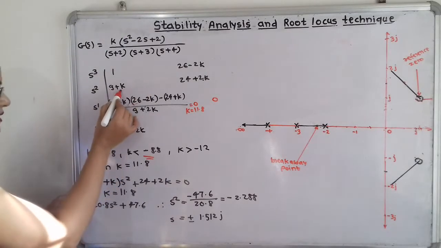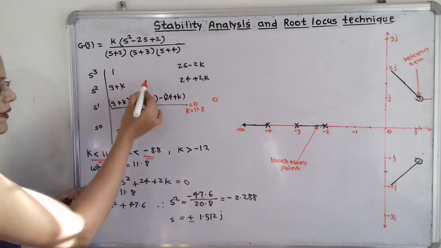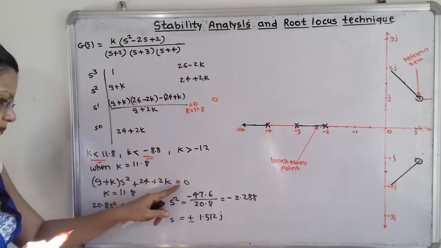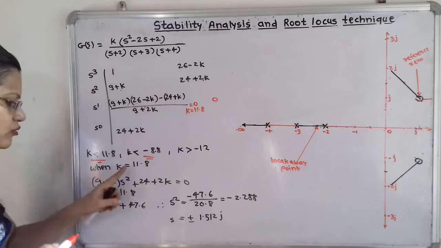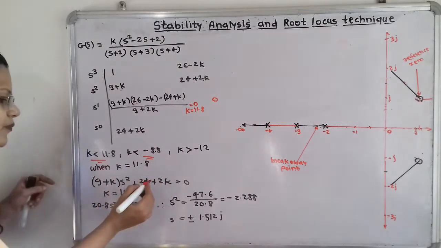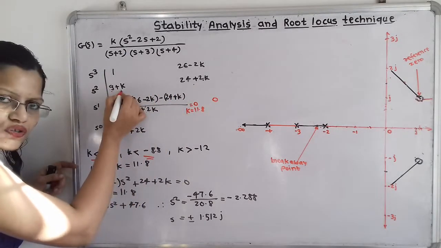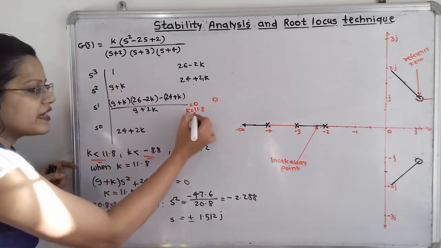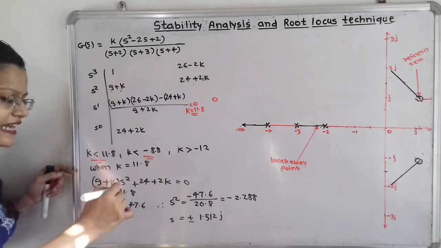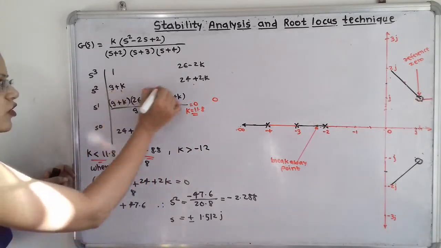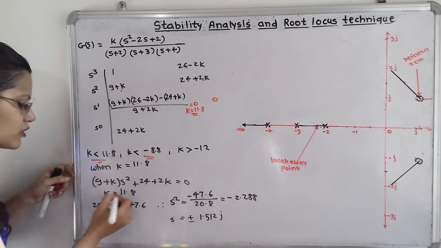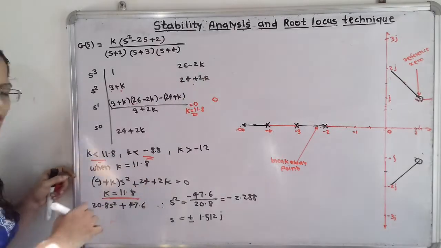That is (9 + k)s² + (24 + 2k). So we have to solve this equation. This is the formation of the auxiliary equation only when we take the value of k as 11.8. So for this auxiliary equation also we have to take k equal to 11.8.